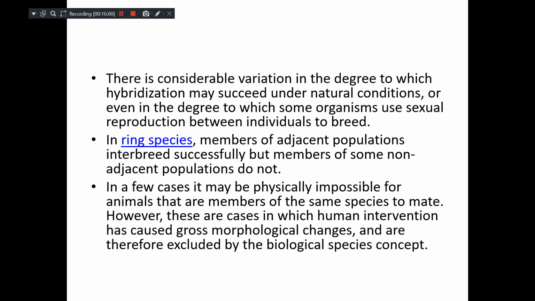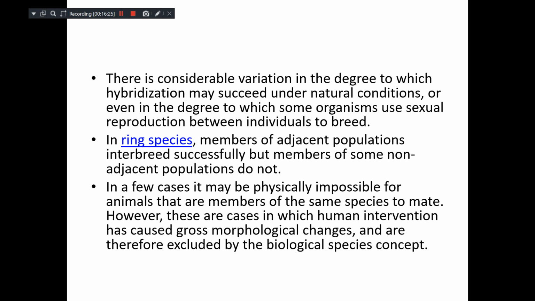In many cases, as I have told you, it is physically impossible for the members of the same species to mate, because of the difference in size class and so on. Or sometimes the breeding season varies.